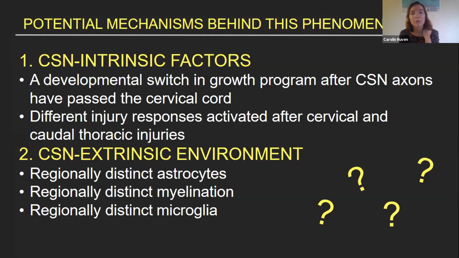We have done not CRIM1, but one that is somehow similar, one of the molecules that neurons express, and we tried to overexpress this after our T11 injury. At the time point P14, we see already that they don't grow normally.